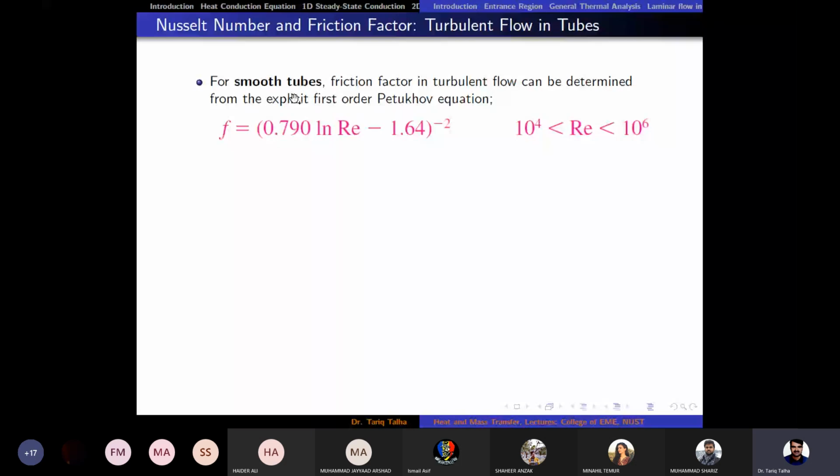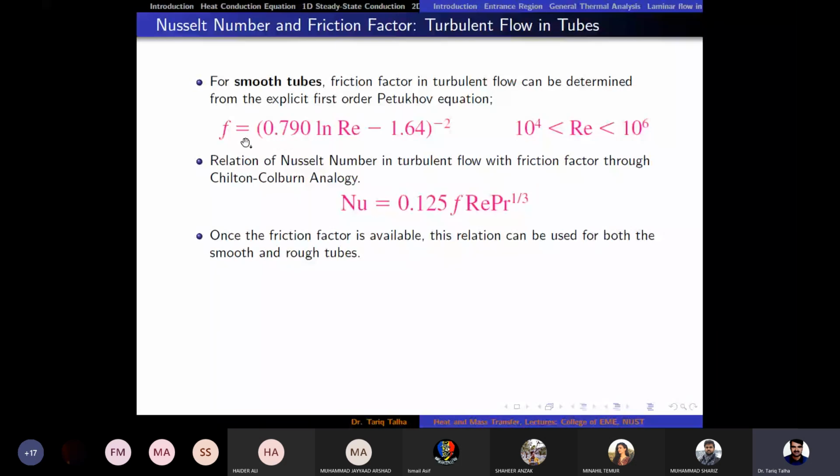So for that we can use either the first relation when we have got the Reynolds number in this range, or we can use another relation, which is the Chilton-Colburn relation. Sorry, this is for the friction factor, and then this friction factor can be used here to calculate the Nusselt number if the Reynolds number is in the range of 10,000 to 1 million.